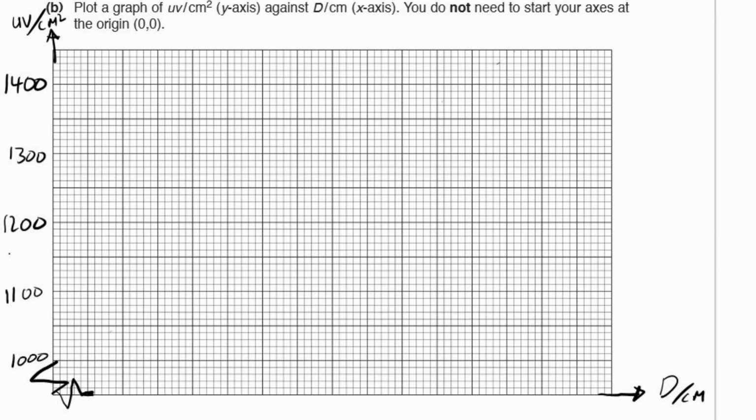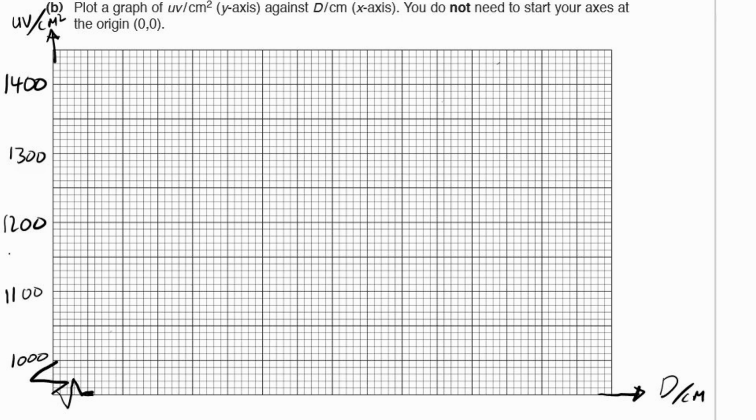So 1000 to 1400 for U times V on the y-axis. Now something that's quite important is I'm trying to use up as much of the graph as possible. The more of the graph I use up, the more accurate it is, the more likely I am to get the marks. The only reason I haven't done a big black line up the sides of the graph to represent the axis is purely for clarity, because we're doing this on a computer.